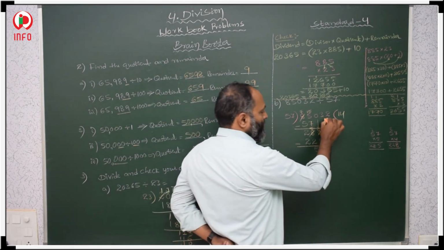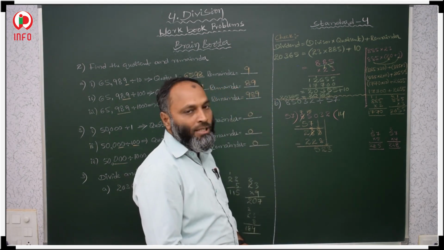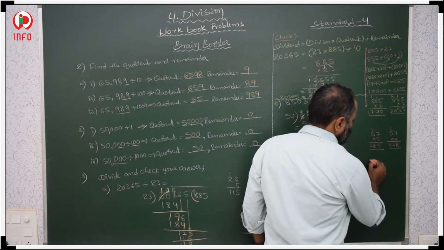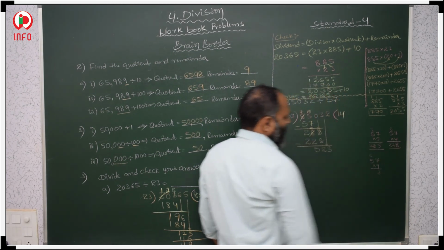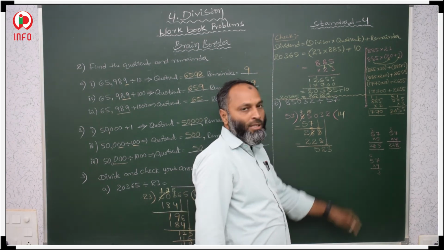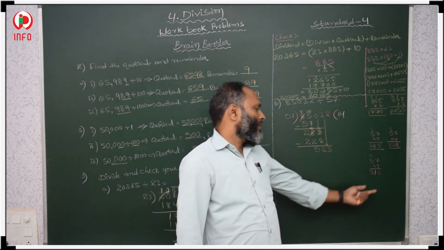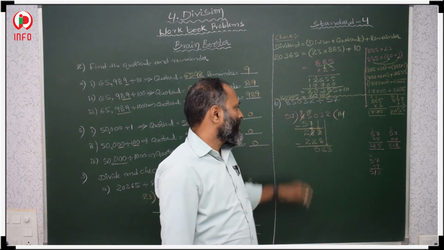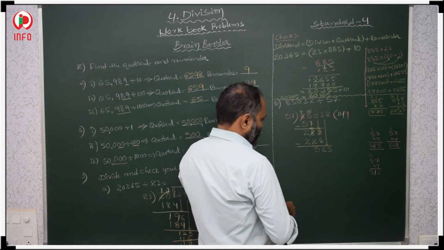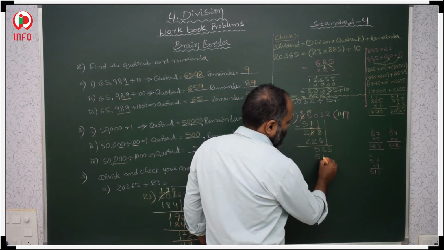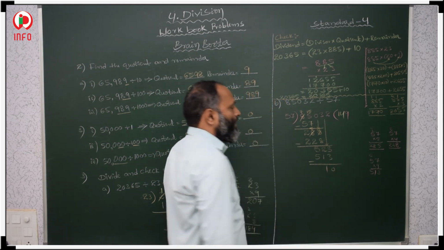Then one more place value, that is 3. 523. 57 nines are: 9 7s are 63, 6; 9 5s are 45 plus 6, 51. 513. 57 nines are 513. Minus: 3 minus 3, 0. 2 minus 1, 1. 10 is our answer.